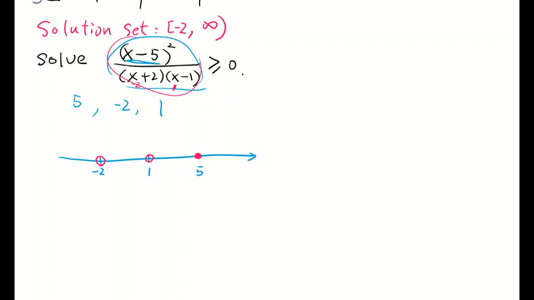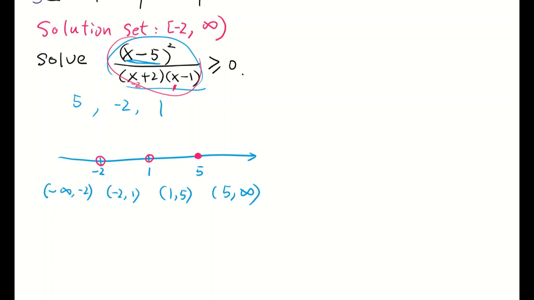So we decided these 3 points, some are solutions and some are not. Now let's look at the intervals separated by these 3 points. From negative infinity to negative 2, that's one interval. From negative 2 to 1, that's another interval. From 1 to 5, another interval. From 5 to infinity, the last interval.